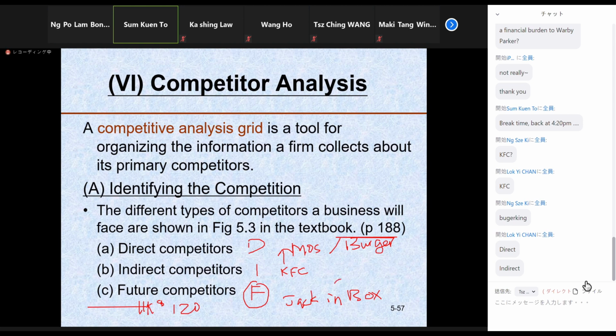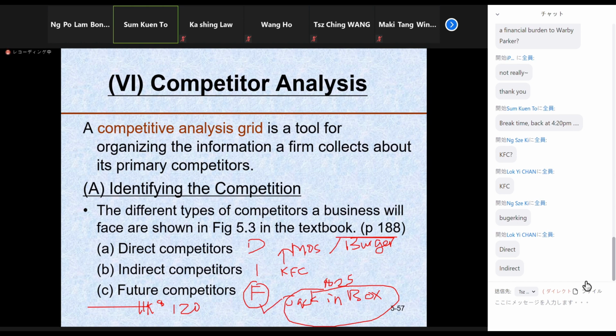So I think if they want to enter into the Hong Kong market, this will be the future competitor, a burger shop operating well in their own country that can come to Hong Kong to try to get market share. And Hong Kong people also like to try new things. In any industry, there may be some potential competitor, but it really depends on whether you have barriers to entry or something like this.